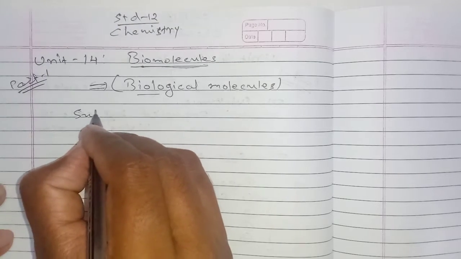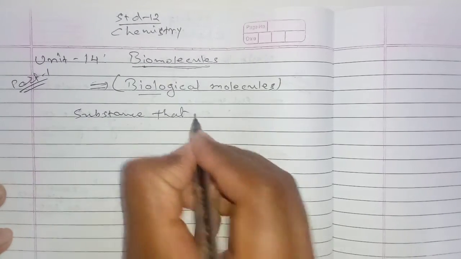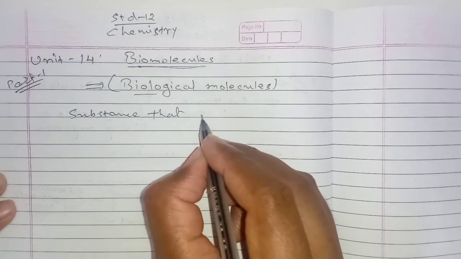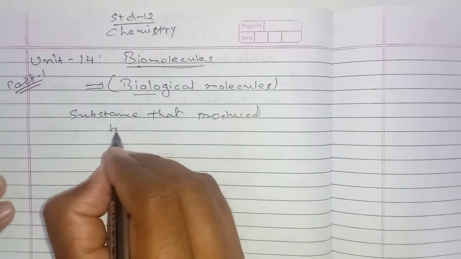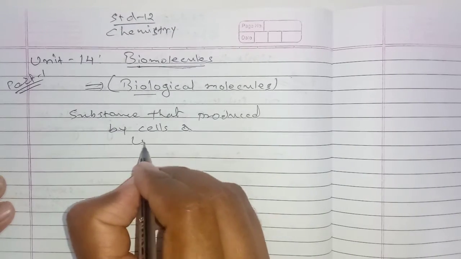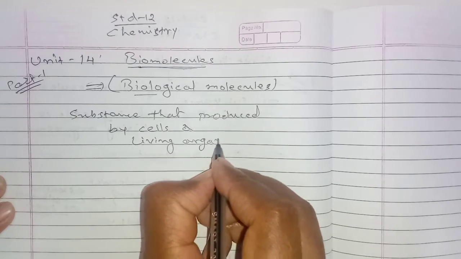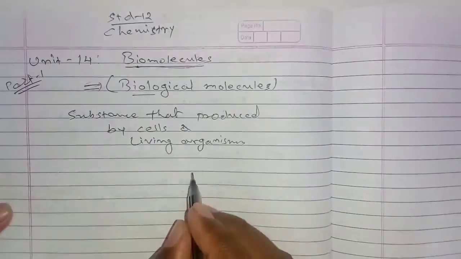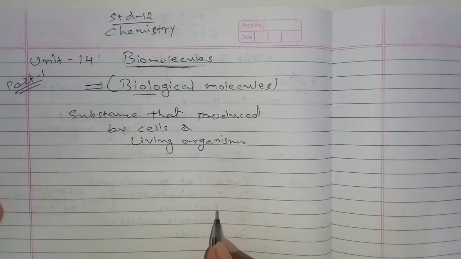Substances that are produced by cells and living organisms are called biomolecules.